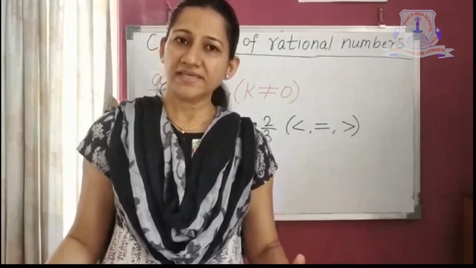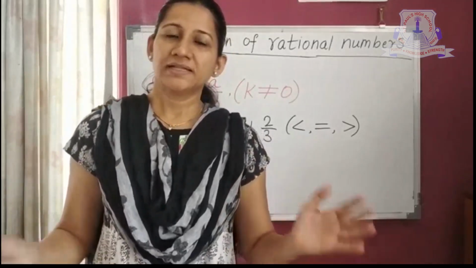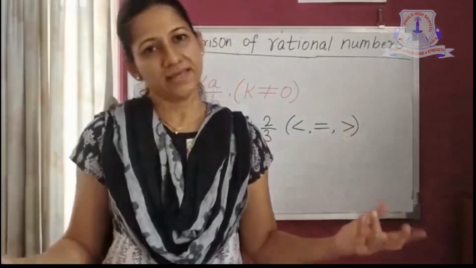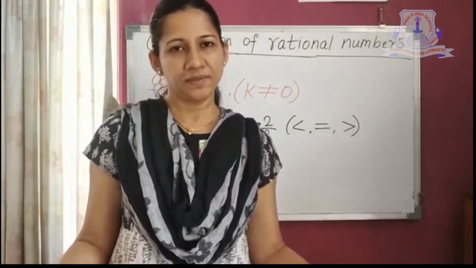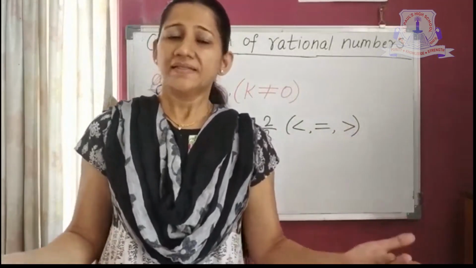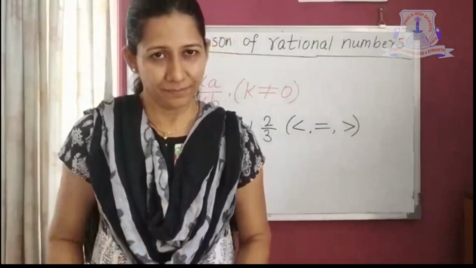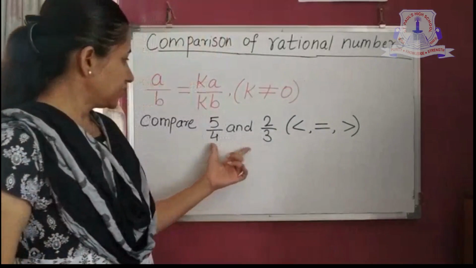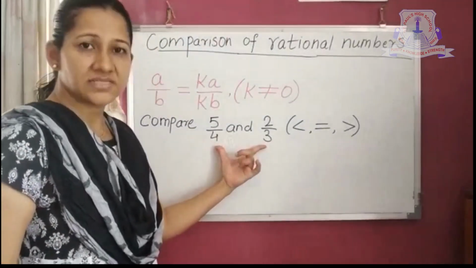So if you want to compare a negative and a positive fraction, the negative fraction will always be lesser than the positive fraction. Just as negative numbers are less than the positive numbers, so are other numbers like whole numbers and natural numbers. Is that clear? Now we will see how we proceed for comparing these fractions.